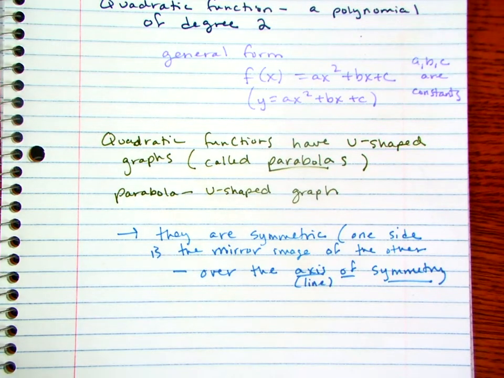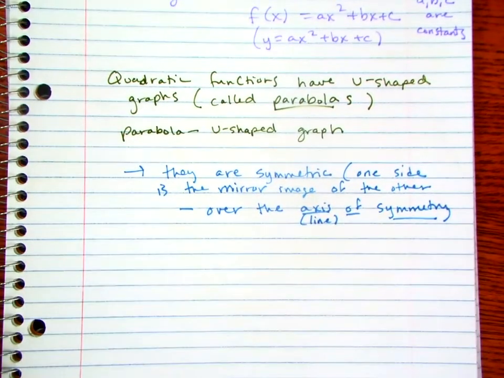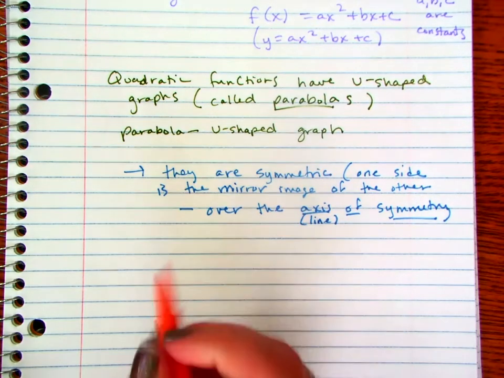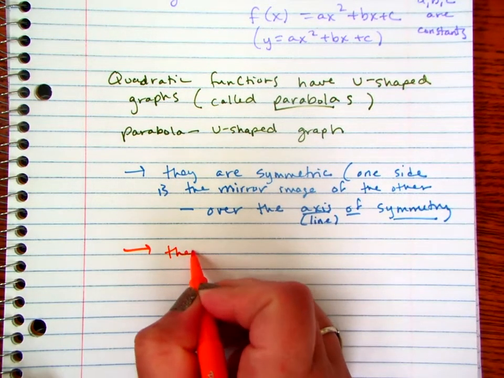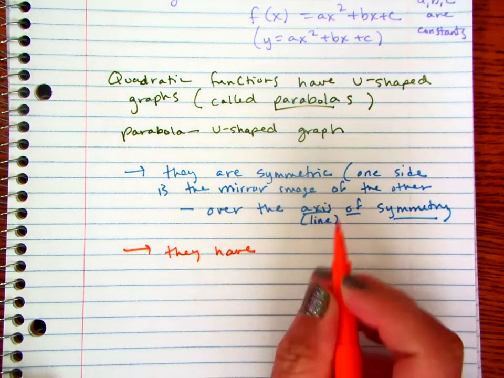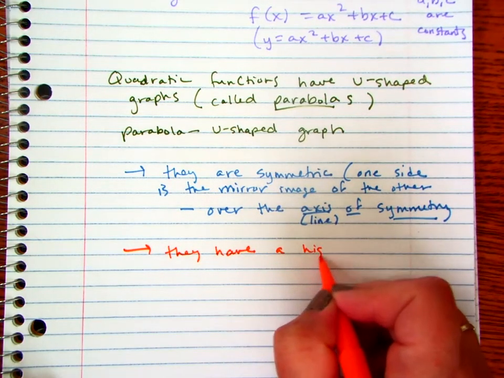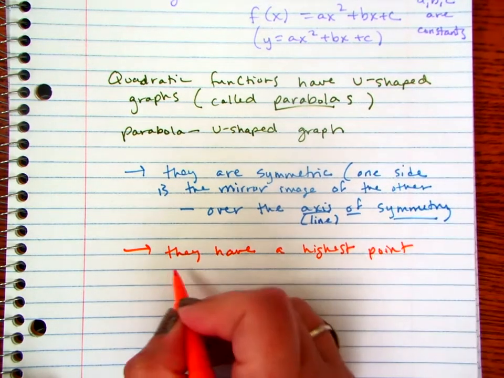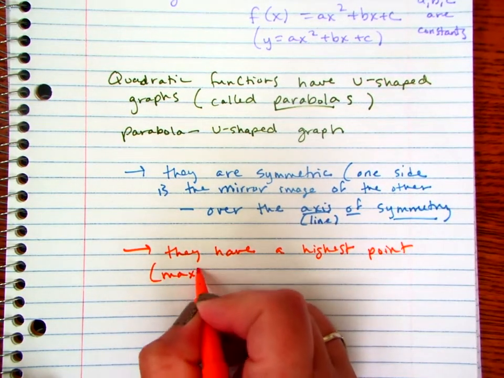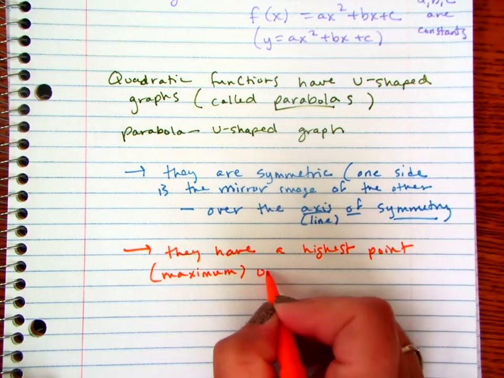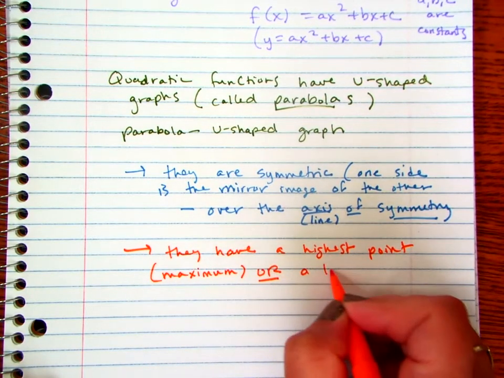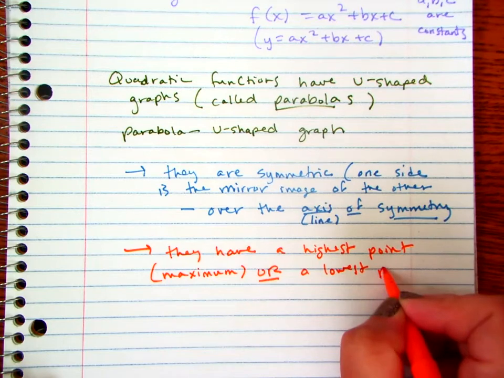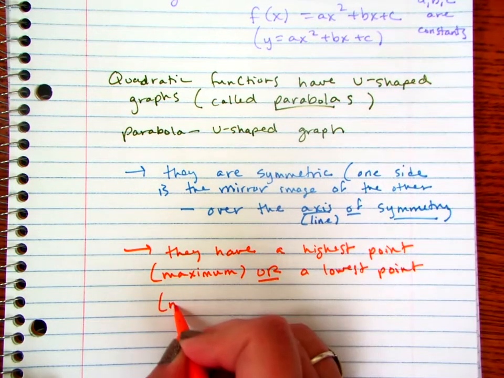And then also, quadratics have a highest point, which would be called the maximum, or a lowest point, which would be called the minimum.